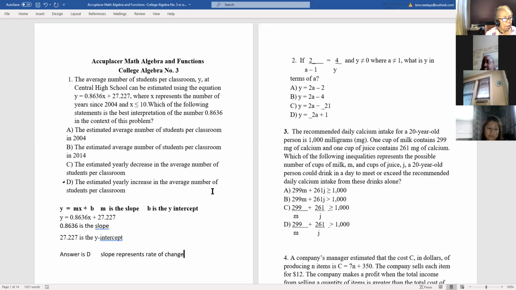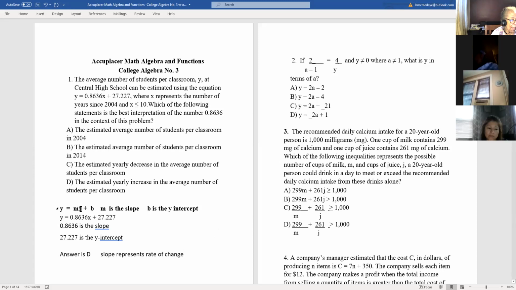All right. So the general format for the slope-intercept equation is y equals slope multiplied by x plus b, the y-intercept. The y is the vertical and x is the horizontal on the coordinate grid.